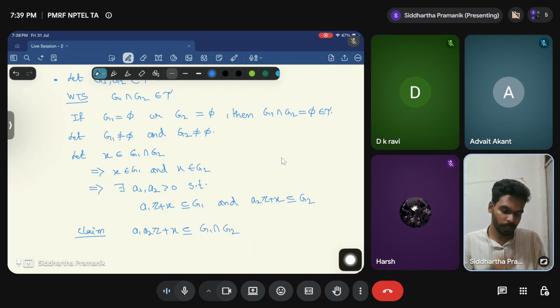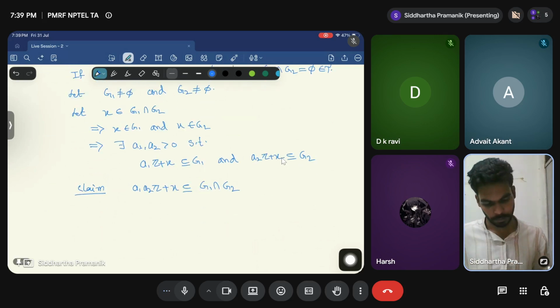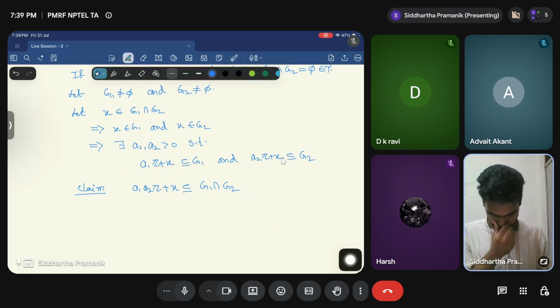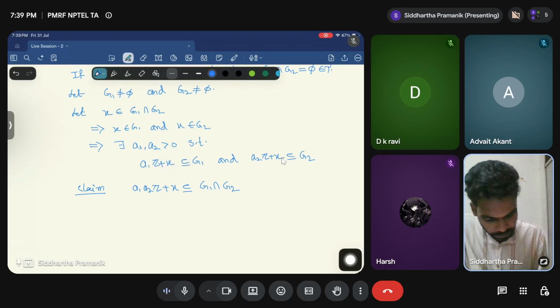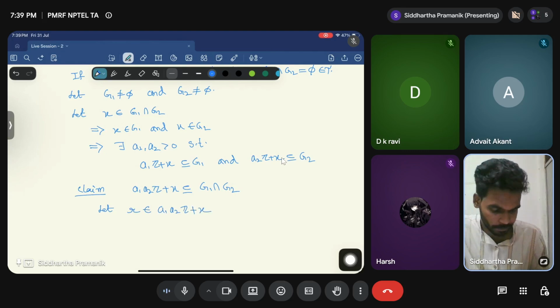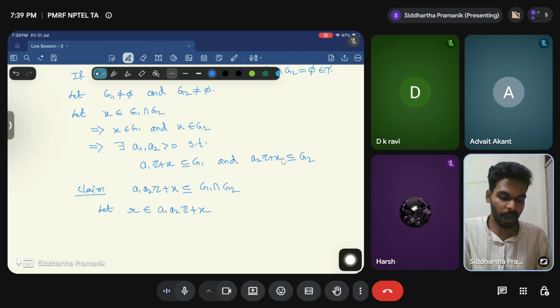Yes, LCM is the best choice, but product is enough. So let's prove this containment. Let's take an element from the left hand side. Let's say it is r belongs to a1a2Z plus x, and we need to prove that r is in G1 intersection G2.